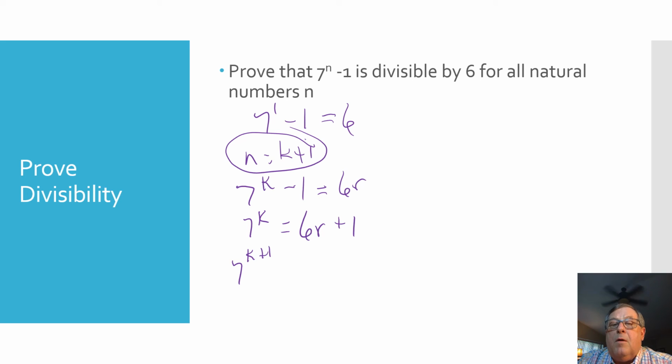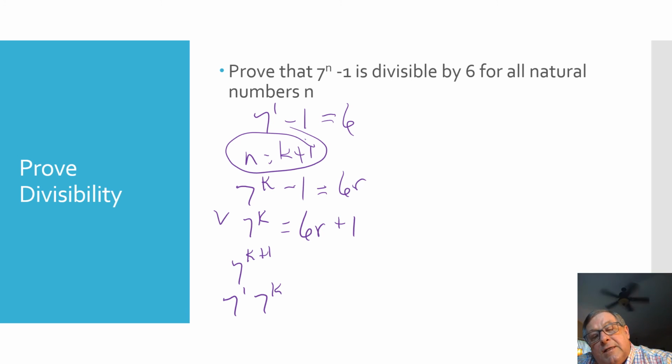Well, we know that when we multiply exponentials, we just add the exponents. So this is really the same as 7 to the first power times 7^k. Well, what did we say that 7^k equals? That equals 6r plus 1.